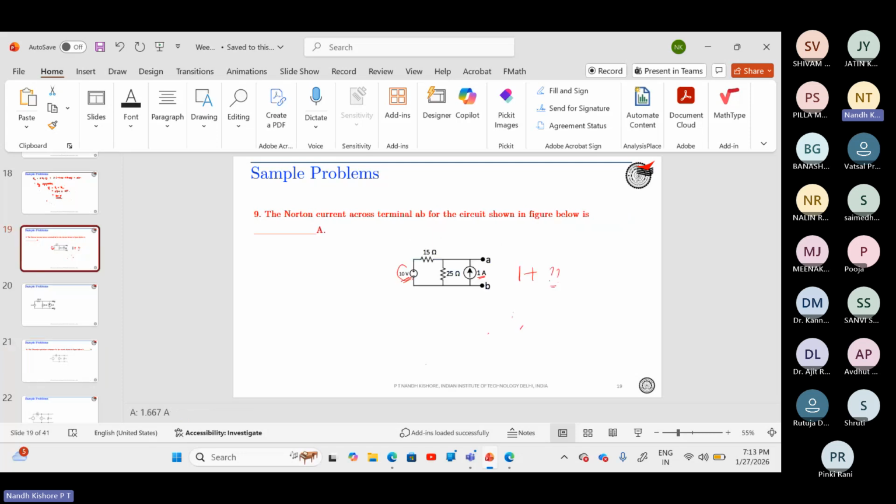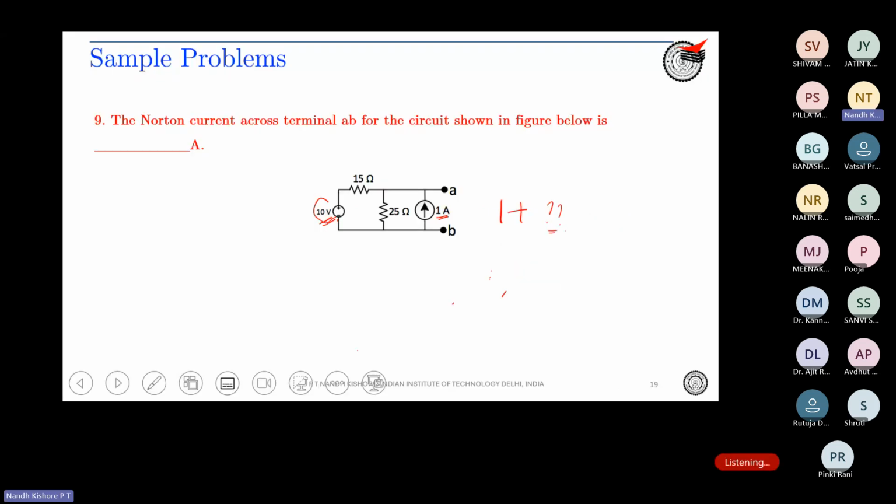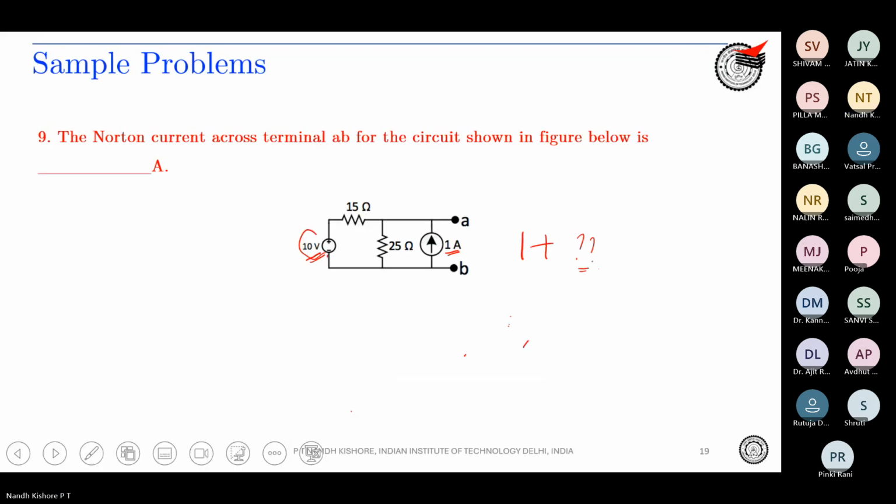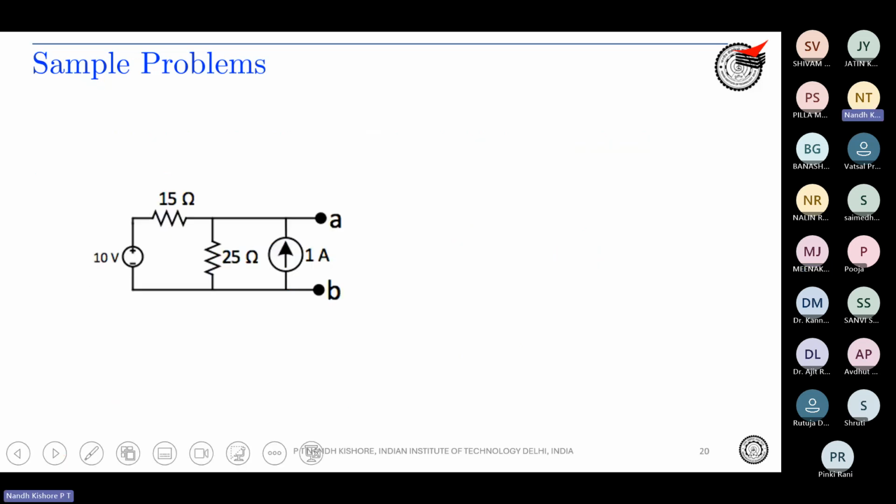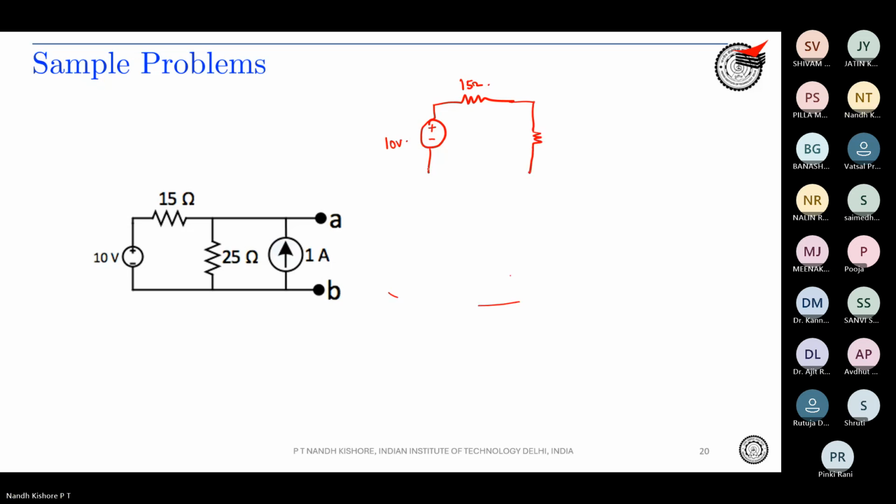Okay, so we'll just solve this. I can redraw this circuit as something like 10 volt, 15 ohm, and what I will have is this is 1 ampere.